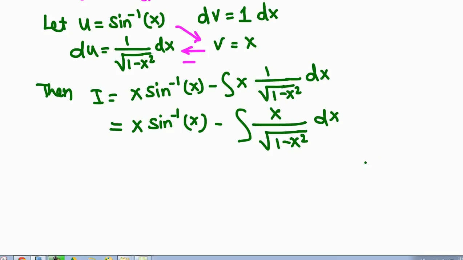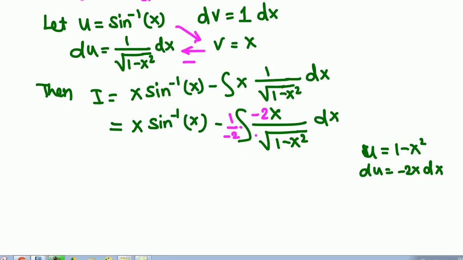I write u to be this function 1 minus x squared, and the derivative of u is negative 2x with respect to x, so I need negative 2x on the top to convert the whole integral in terms of the new variable u. So I can manipulate in this way: multiply by negative 2 and divide by negative 2, and put that in the front. Dividing by negative 2 is the same as multiplying by 1 over negative 2.